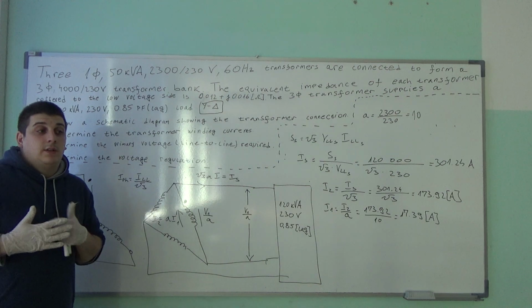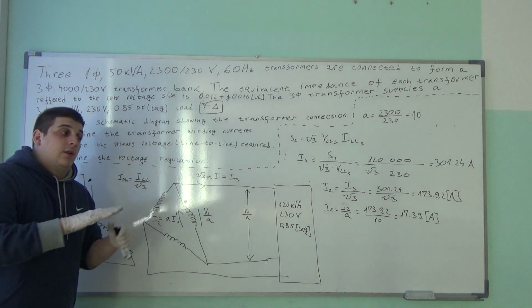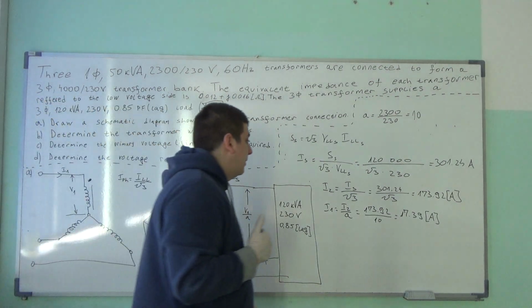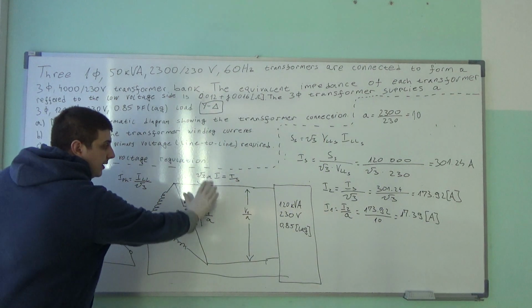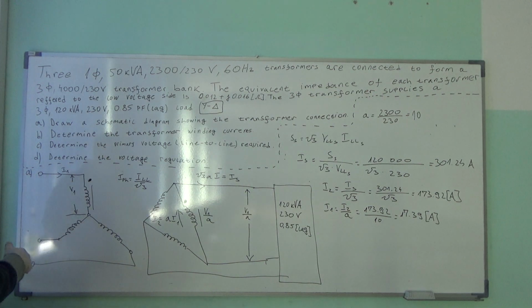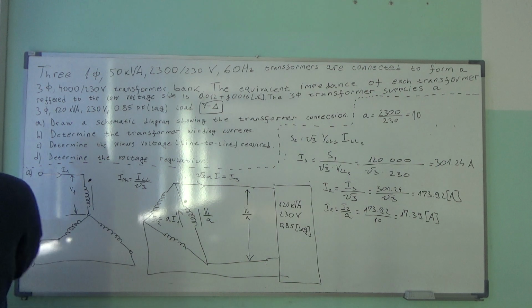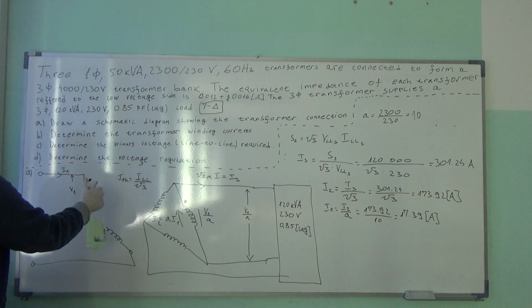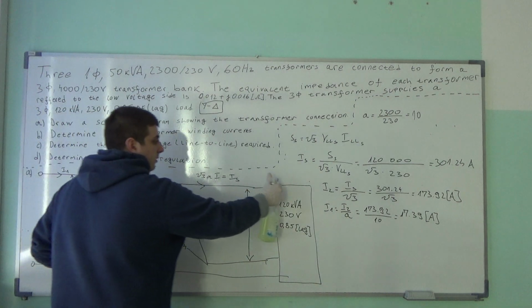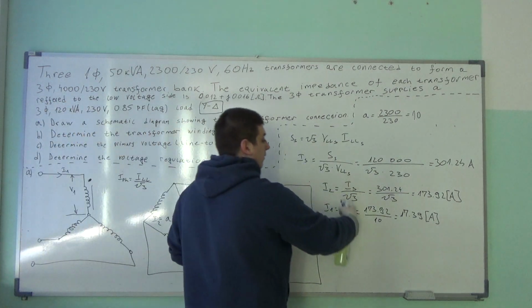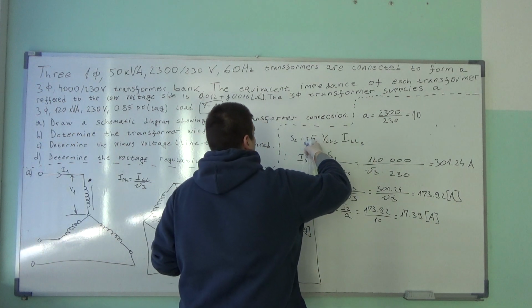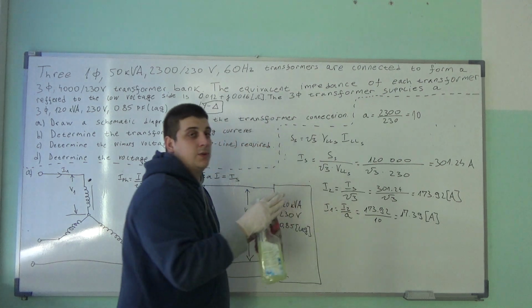As we did this, now this is the same as we did on the single phase transformer. Now I'm going to remove all this because I don't need it anymore, but you will have it in your notebook. This all was for B.